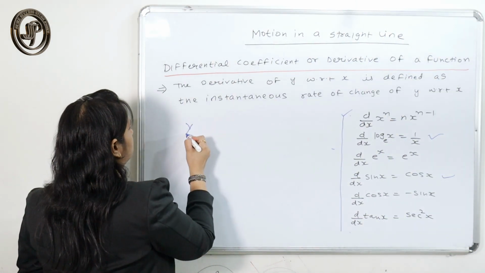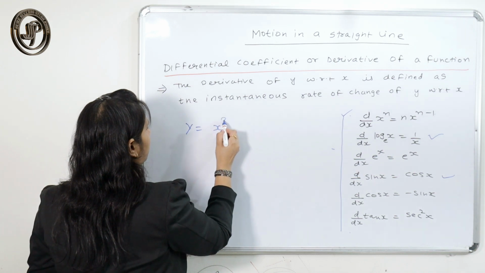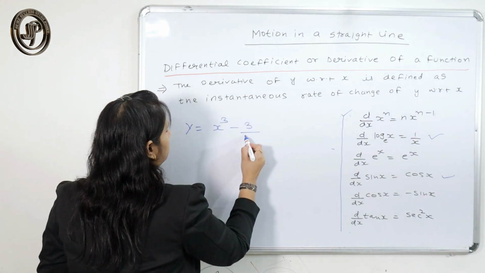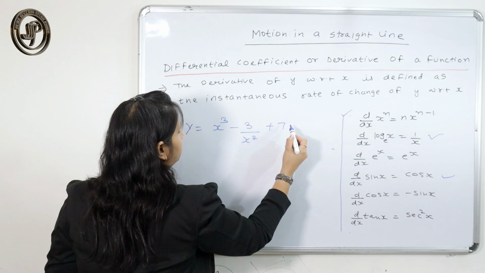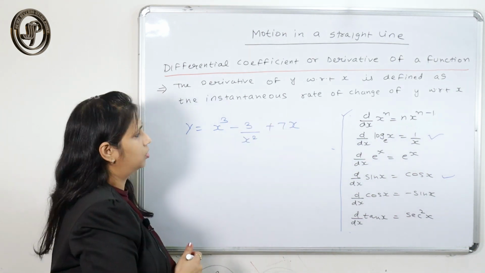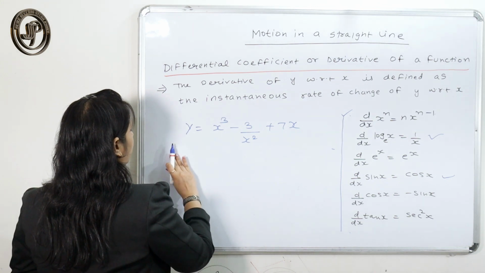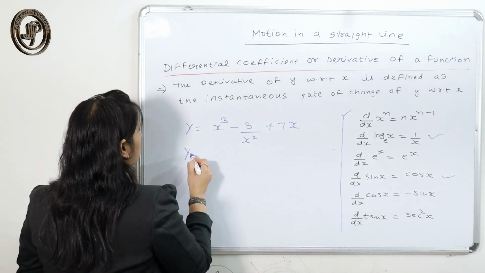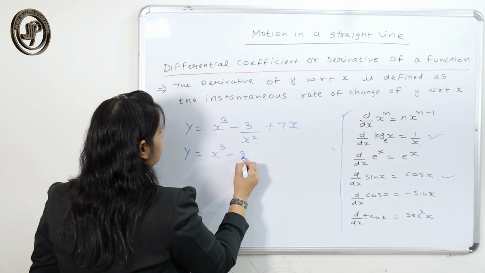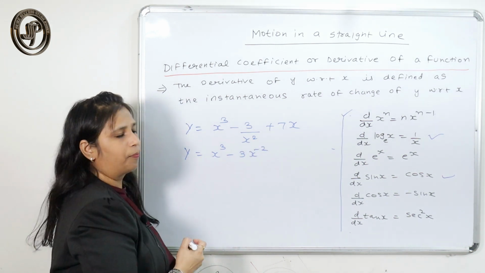So, take one more example, where you have a function like x cube minus 3 by x square plus 7x, and you have to find the derivative of this. First, you just have to rearrange this function in this form.